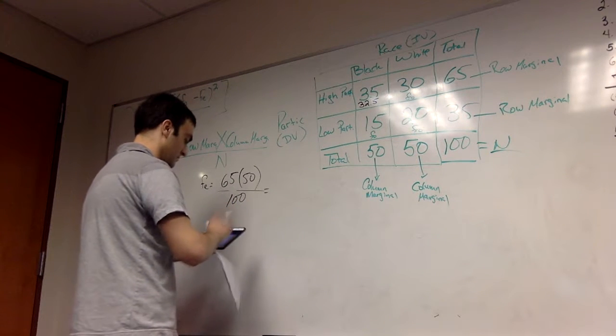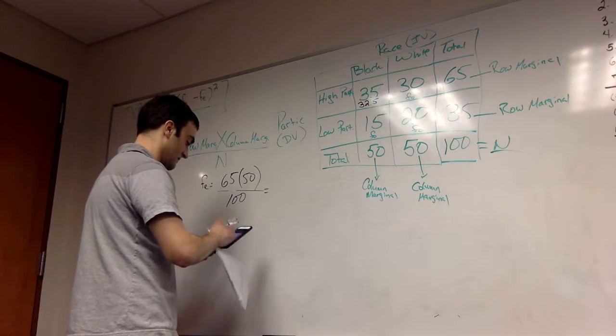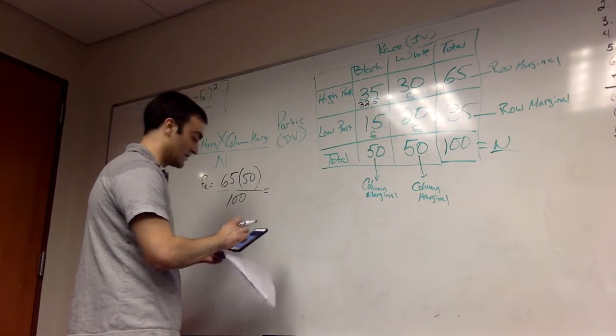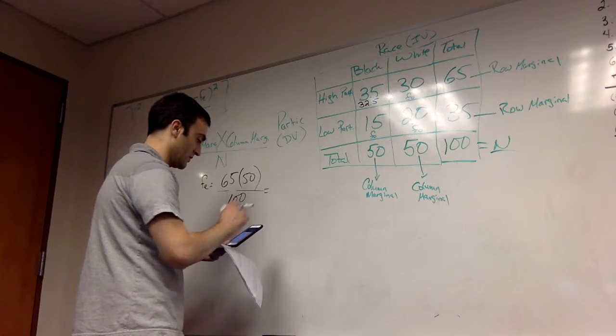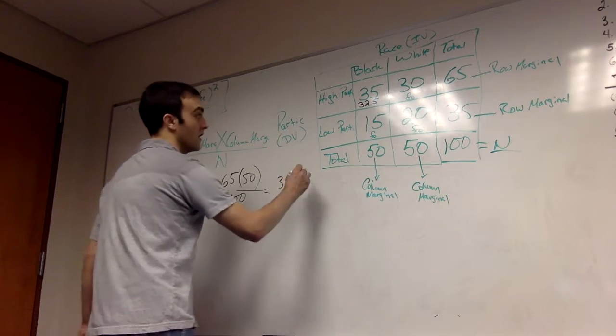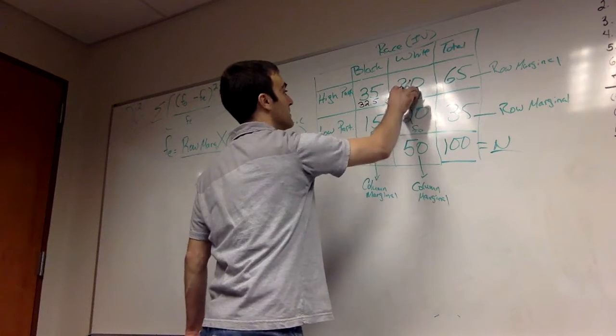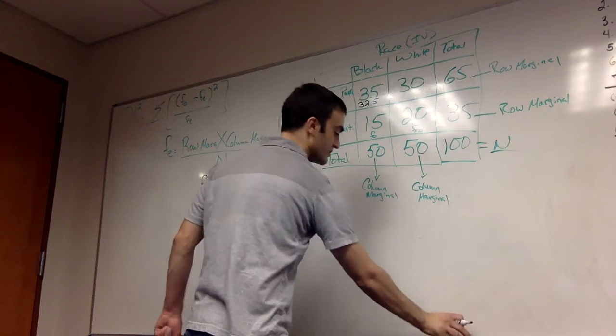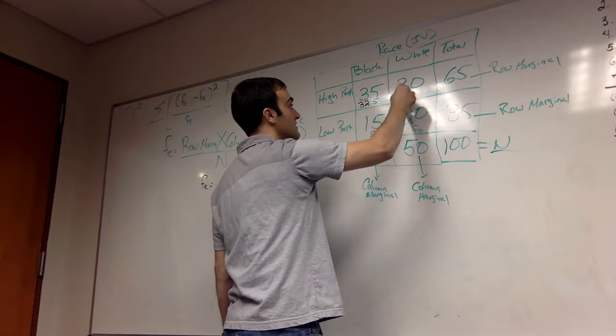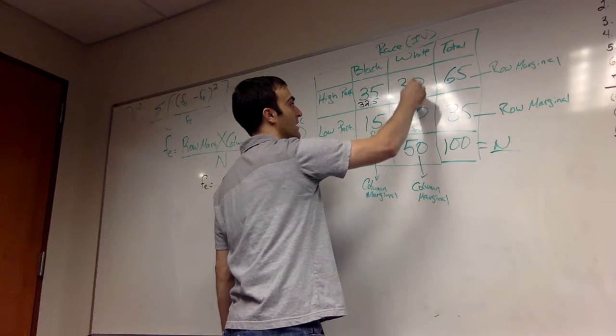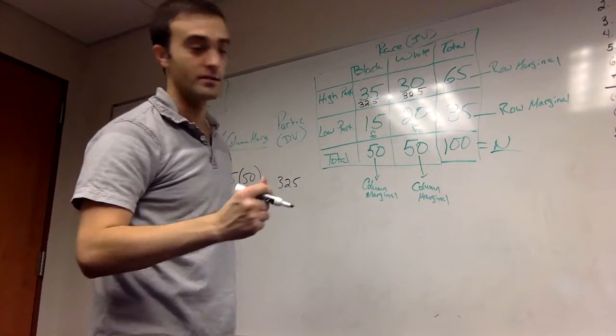And you should get the same answer. 65 times 50 is 3,250, and divide that by 100, it's 32.5. So if race and participation are independent, there's no relationship, then we should expect to see 32.5 in the high participating white cell.